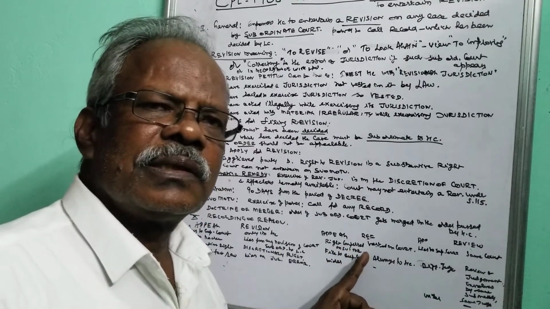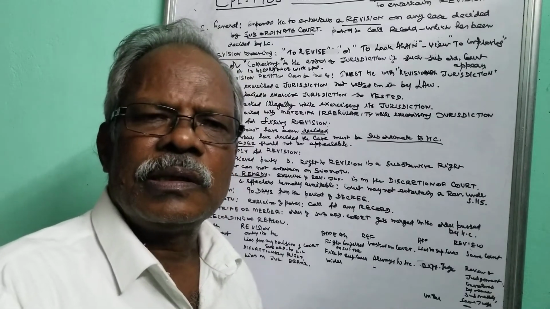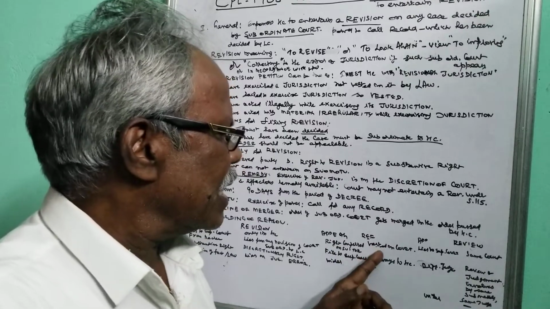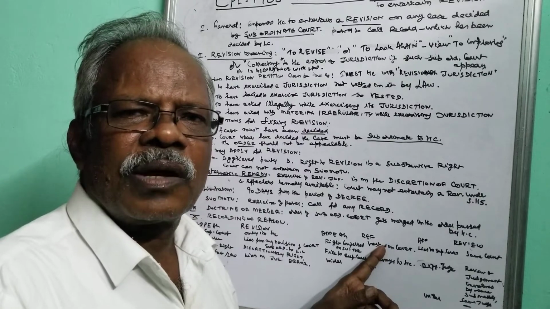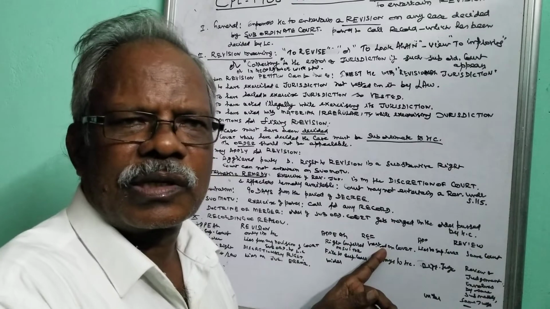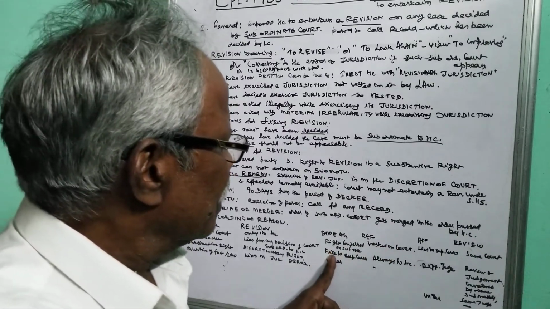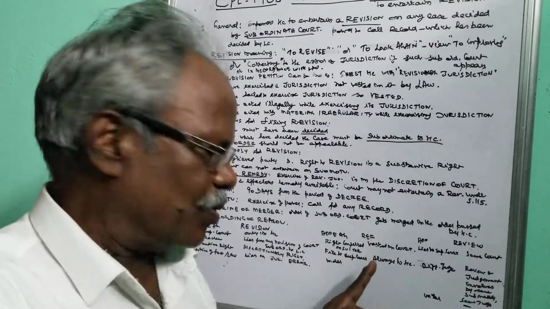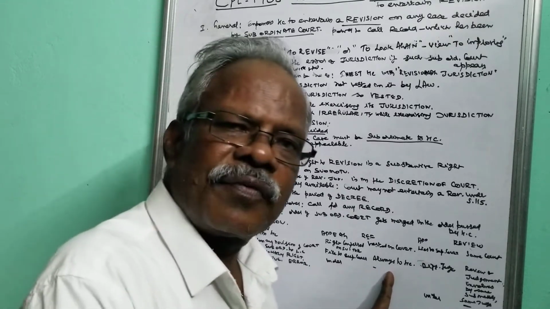So when a person makes a suit, it is his right to go for appeal. Here the reference is vested in the court. Usually the lower court may refer a case to the High Court. So that is vested in the court. Usually the reference is always to the higher court. That is, the appeal is wider than the reference.